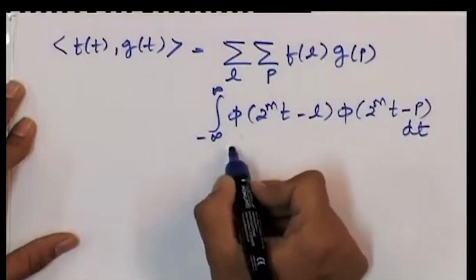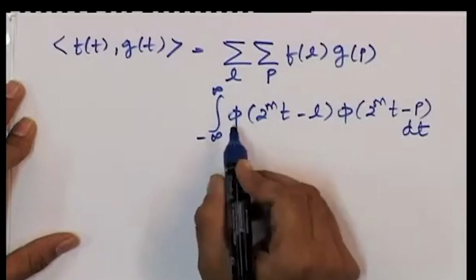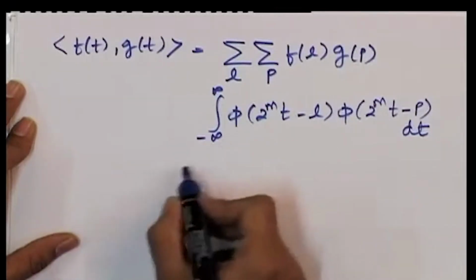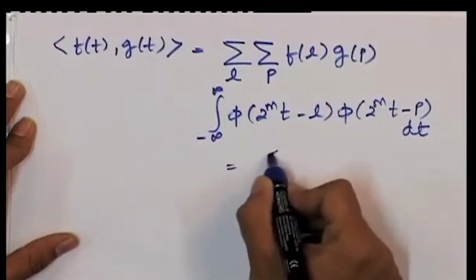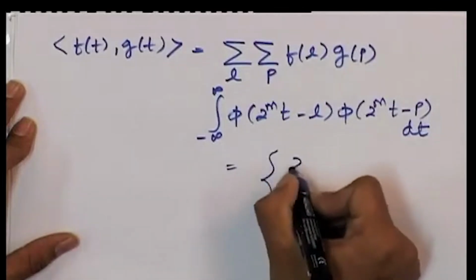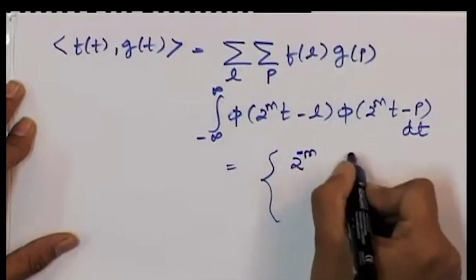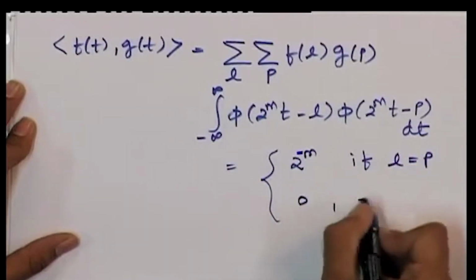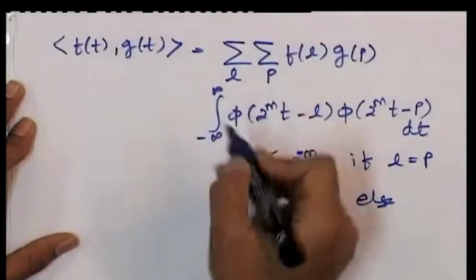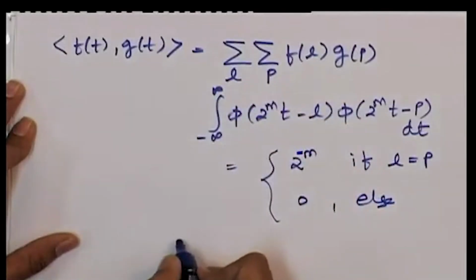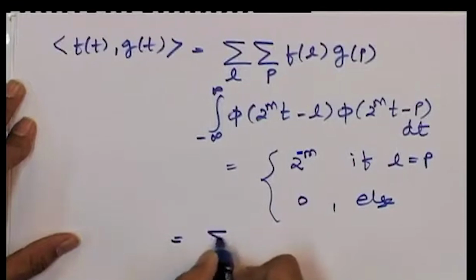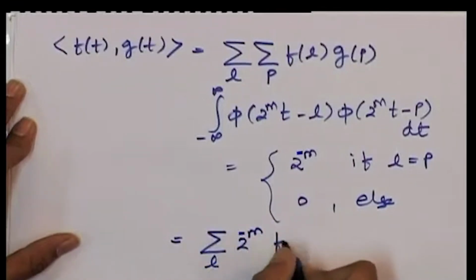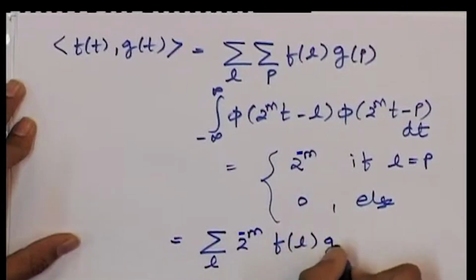We know that phi is an orthonormal basis for Vm, and this integral is equal to 2 raised to minus m if and only if L is equal to P, 0 else. Hence this double summation results into a single summation of 2 raised to minus m Fl Gl.